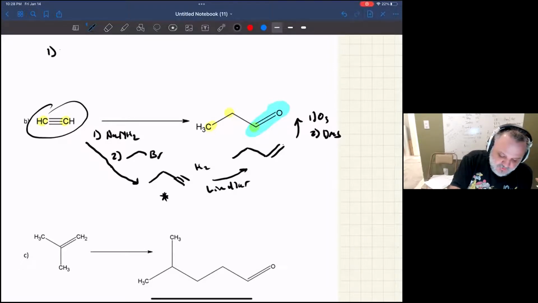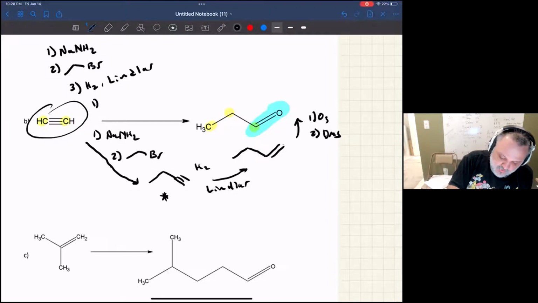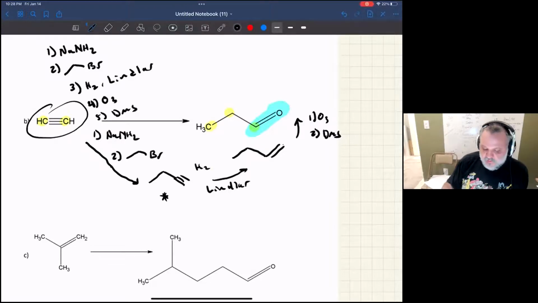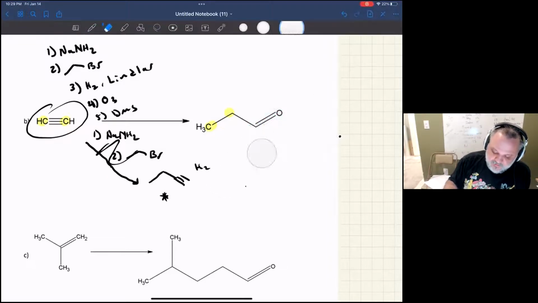So that's certainly one possibility. One possibility would be sodium amide, followed by ethyl bromide, followed by H2 Lindlar, followed by O3, and then finally DMS. What would be the other possibility?